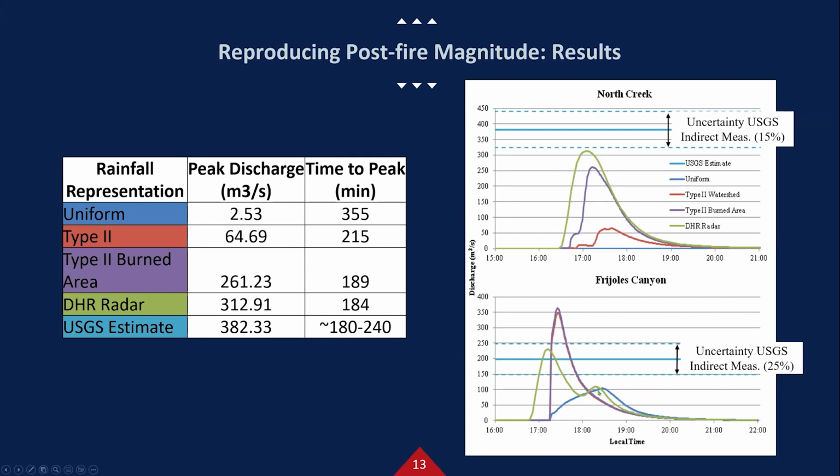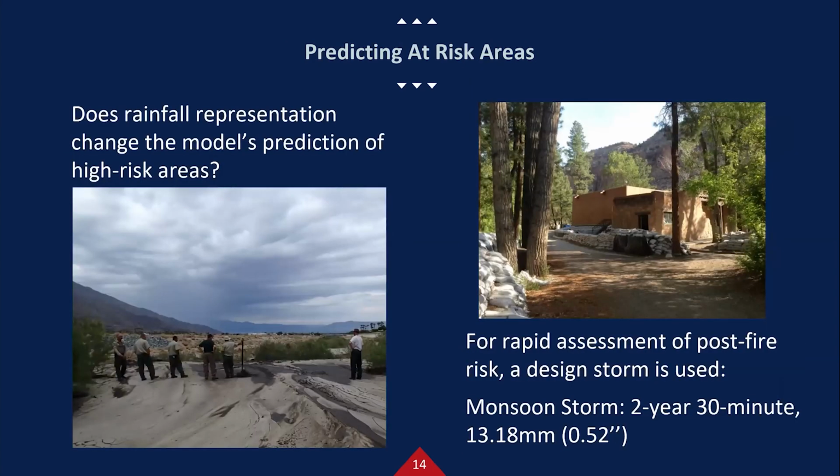Again, the uniform is much lower on that. So our initial indication is, well, it looks better if we use the type 2 on the burned area only. And again, our radar estimates are very good.